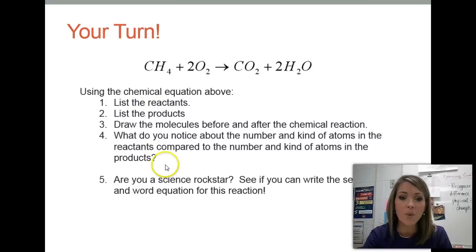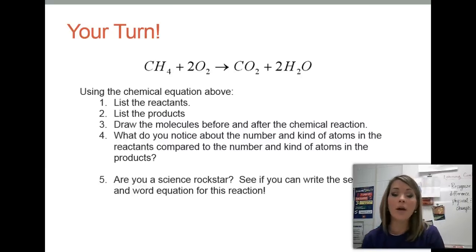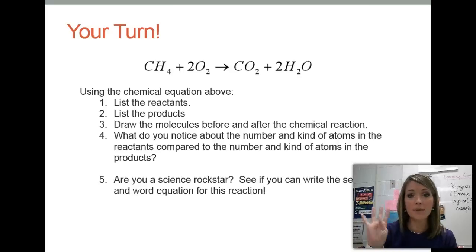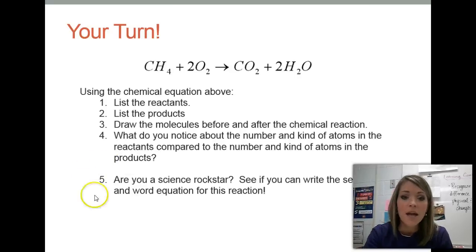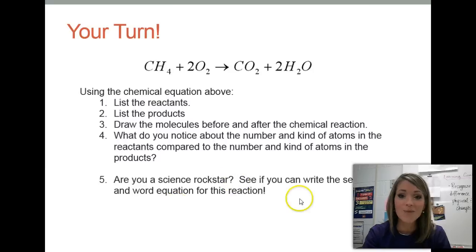And then answer this question. Look at the number 4. Look at the before and the after, and compare what number and kind of atoms you have in your reactants, and what number and kind of atoms you have in your products. So those 4 things I want you to do at the bottom of your notes. And then if you're a science rock star, see if you can write out the sentence and the word equation for this reaction. If you don't know what these compounds are, you might have to use the internet to help you out, but see if you can do that.